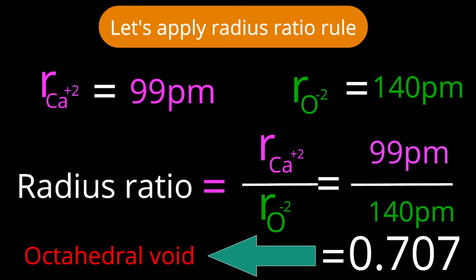One more cation is there. Yes, calcium plus 2. Its radius is 99 picometer, and that of oxide I told already 140 picometer. So ratio of their radii is 99 divided by 140 is equal to 0.707. This 0.707 magic number stands within again 0.414 to 0.732. It means coordination number of calcium plus 2 as per this radius ratio calculation is 6.